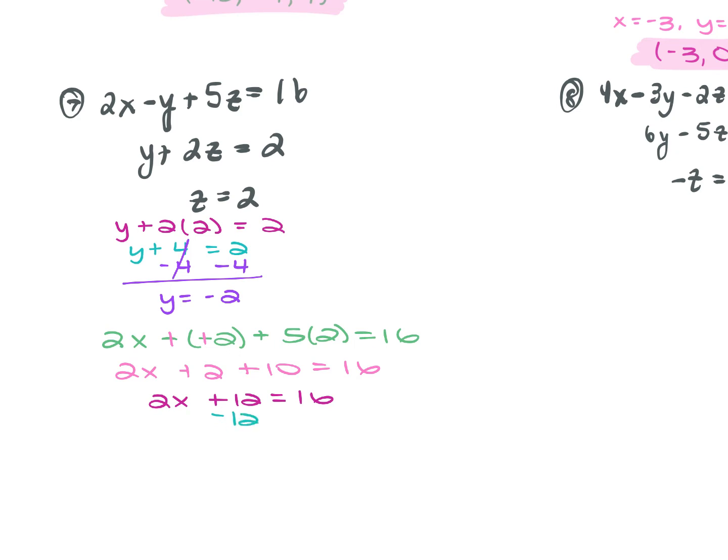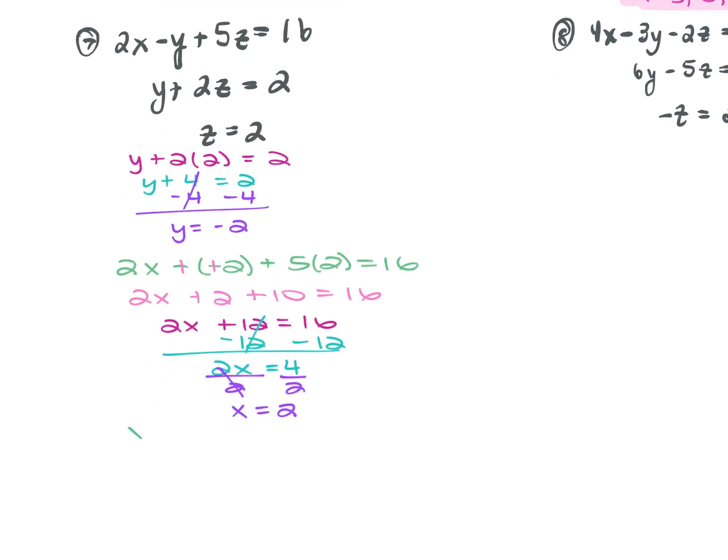We subtract the 12 from each side. That's 2x is equal to 4. Divide each side by the 2, and you get that x is 2. So if x is 2, y is negative 2, and z is 2, this gives us the ordered triple of 2, negative 2, 2.